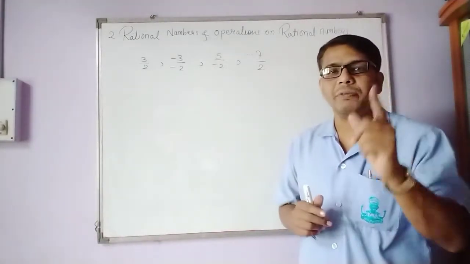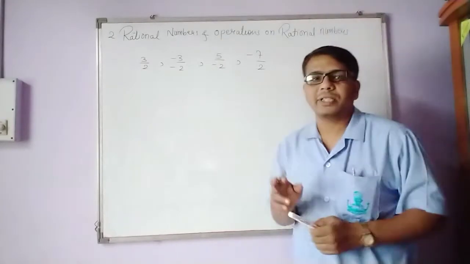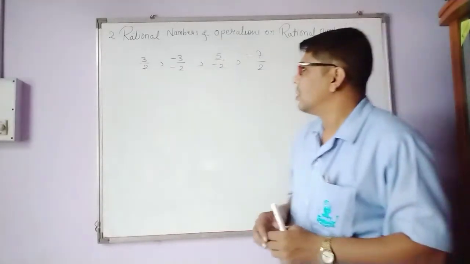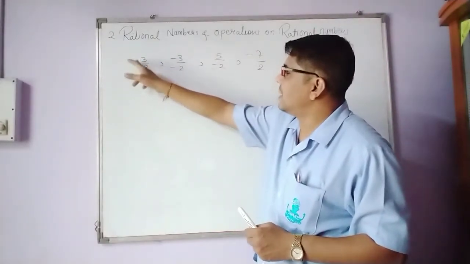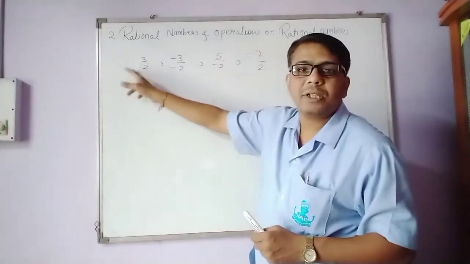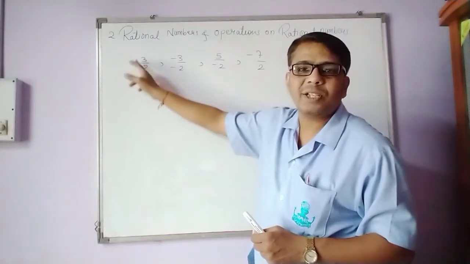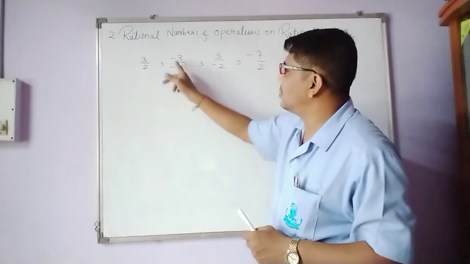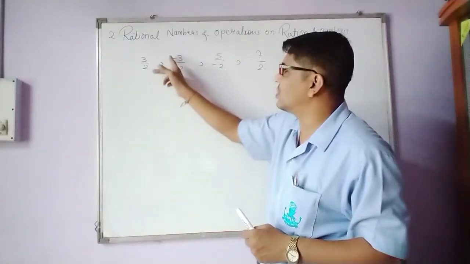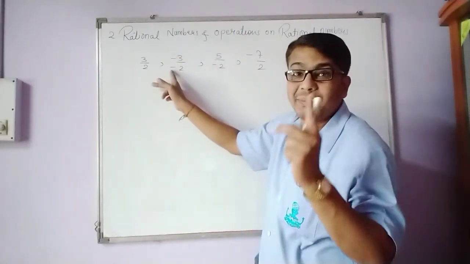And if they have got different signs, then the rational numbers are negative. For example, here the numerator and denominator have got the same sign. Hence it is a positive rational number. Similarly here, numerator and denominator have got negative sign. Both have got similar sign.